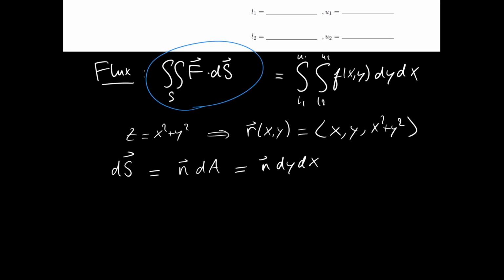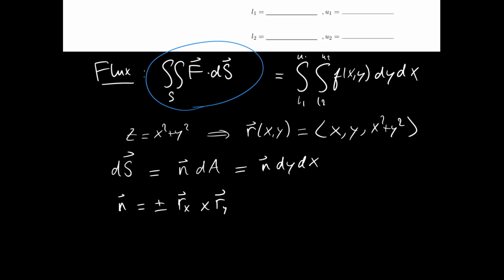Now we have learned that we can calculate normal vectors by taking the cross products of the partial derivatives of these parametrizations. In other words, the normal vector that we're looking for is either plus or minus the cross product of r differentiated with respect to x times r differentiated with respect to y.